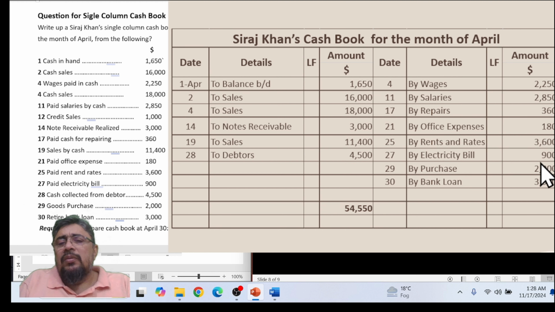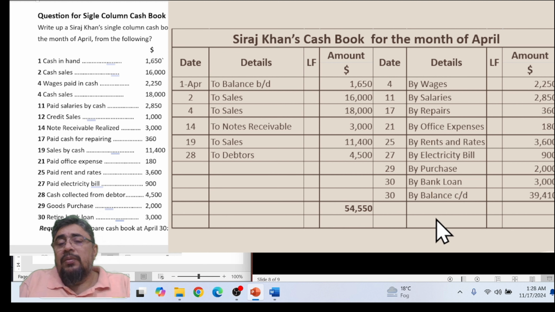In a cash book, always remember the debit side will be greater than the credit side. So here we write the total, and the debit total minus credit total, we will write as the balance.